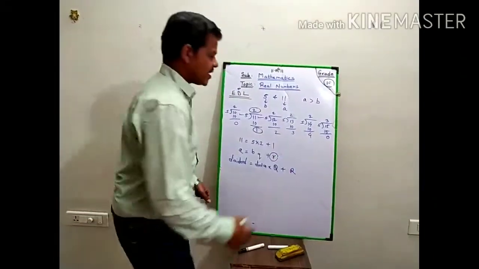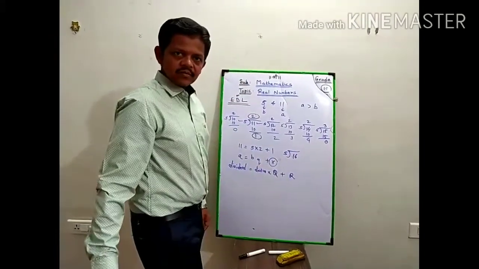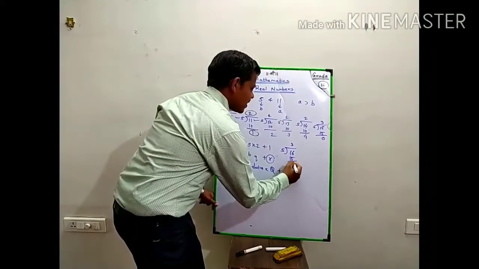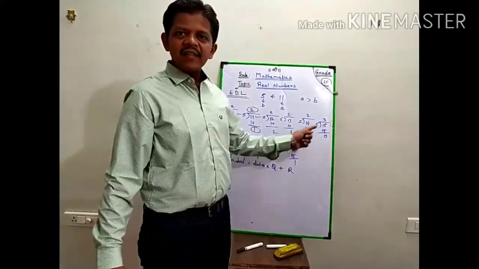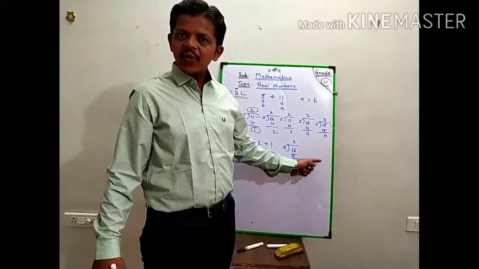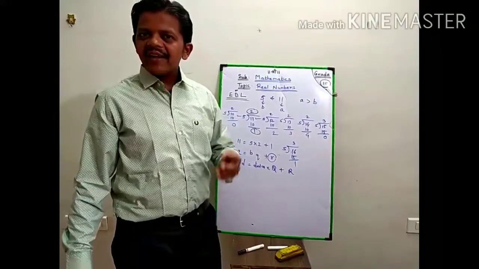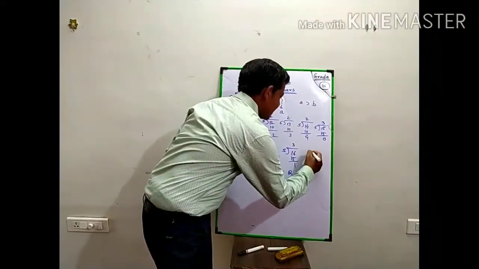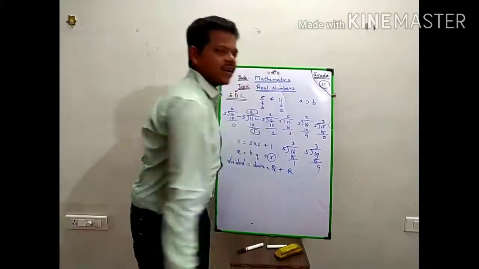Next number, 16 divided by 5. 5 3s are 15. Remainder is 1. 17 divided by 5, 5 3s are 15, remainder is 2. 18 divided by 5, 5 3s are 15, remainder is 3. 19 divided by 5, 5 3s are 15, remainder is 4.